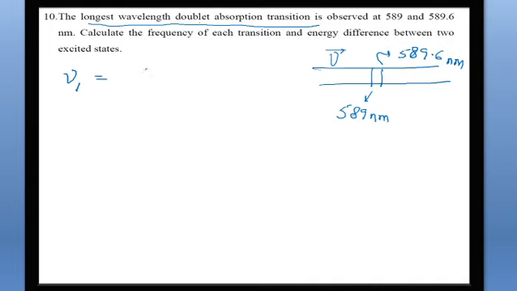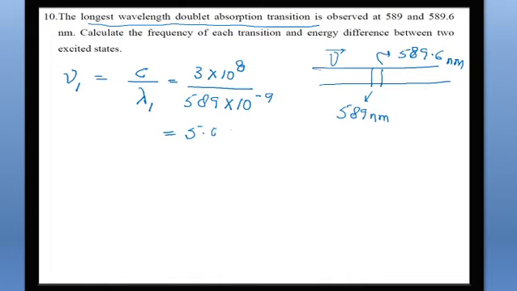It is c by lambda 1, and that is 3 into 10 to the power 8 upon lambda 1, that is 589 nanometers, this into 10 to the power minus 9, which means 5.09 into 10 to the power 14. Right? So you got your first frequency.